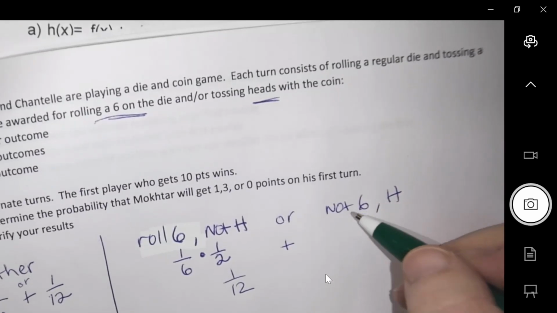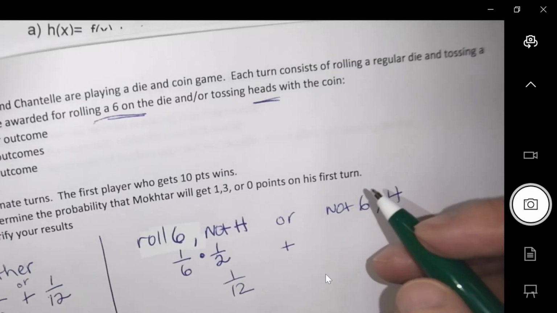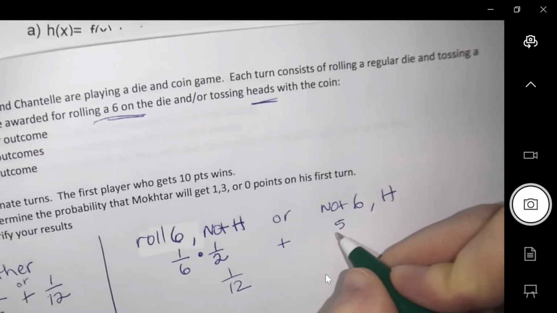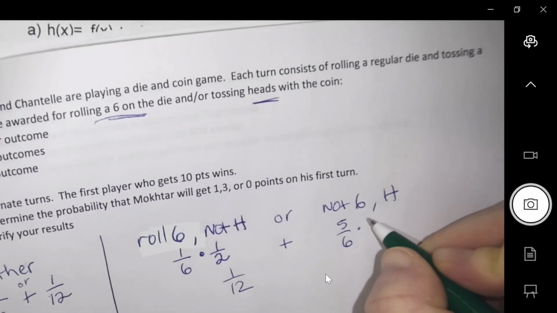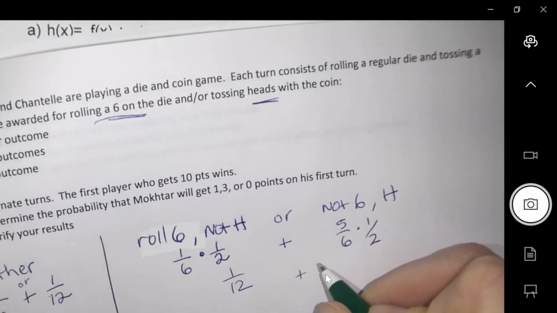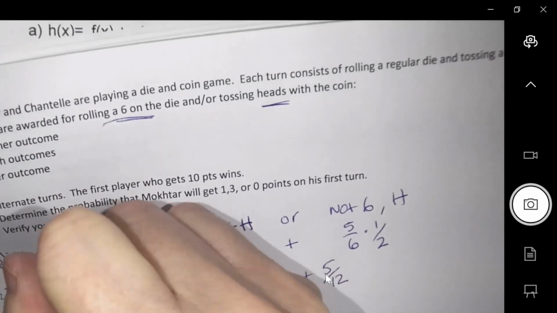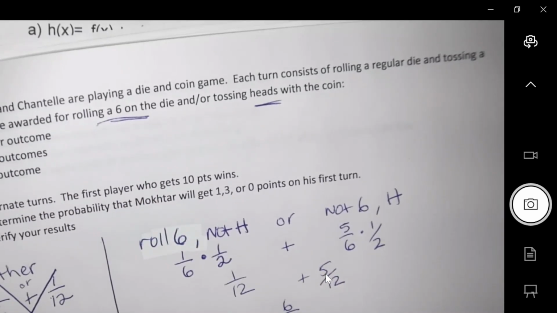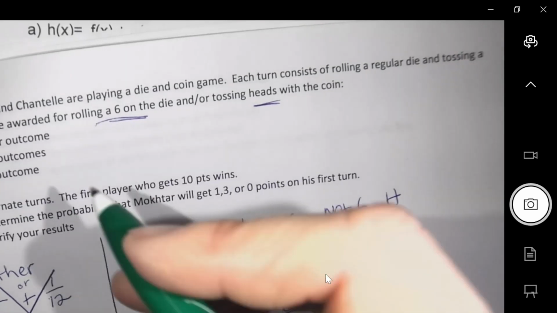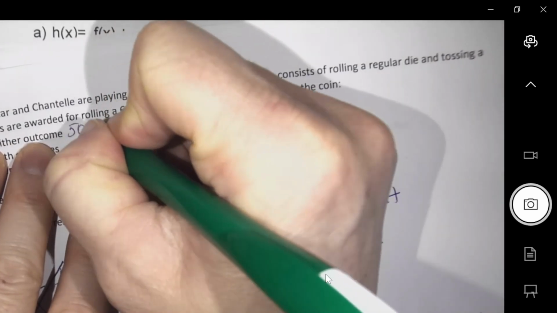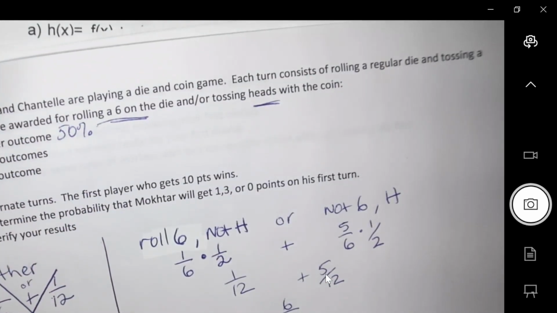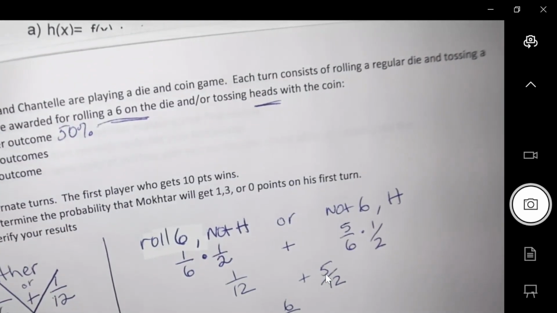So what's the chance of me not getting a 6 on a die? 5/6. And the chance of me getting a head, so 5/12. So actually no, they don't work out the same. So why? So you have to take that into consideration. Sorry about that. So there's a half chance that would happen. So there's a 50% chance that could happen to you.